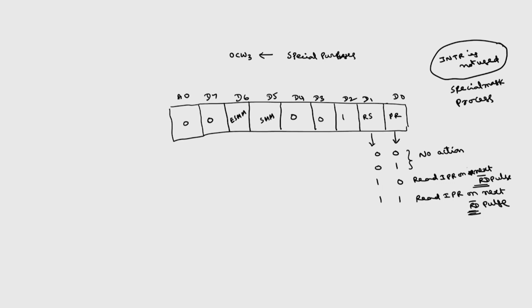This is the read specific mask, set bit mask. This can be 0, 0, 0, 1, 1, 0, 1, 1. This is the reset special mask. This is set special mask, and here there is no operation.